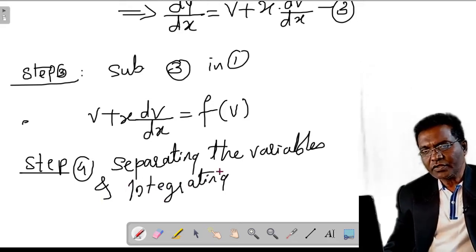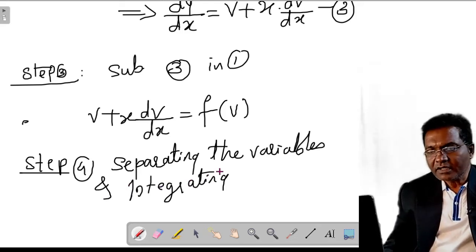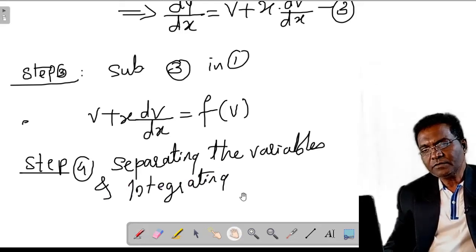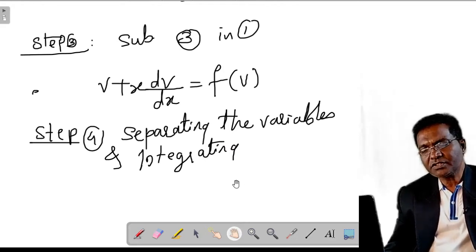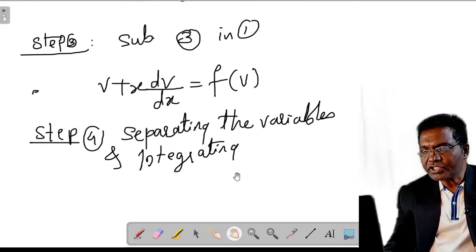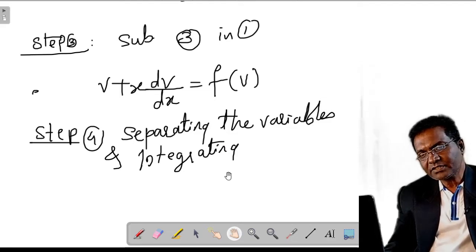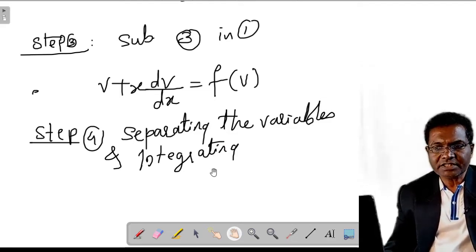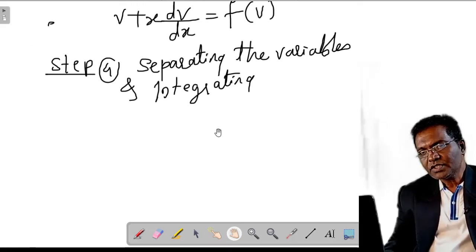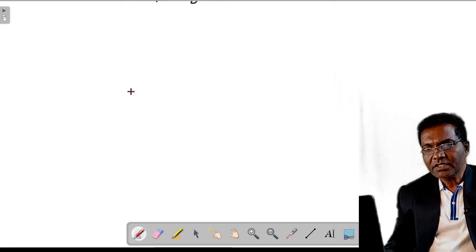So these are the basic steps you have to remember. Later on you will come to know. First you have to show that it is homogeneous of degree 0, then substitute y is equal to vx depending on the nature of the equation. Suppose you have to make one note.